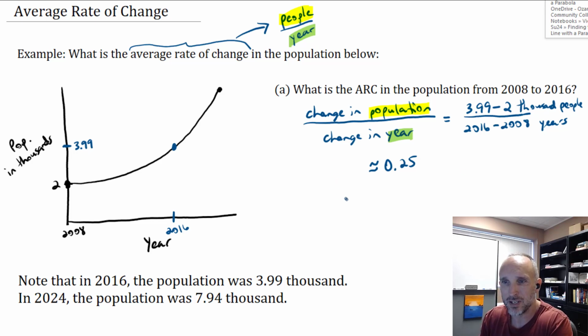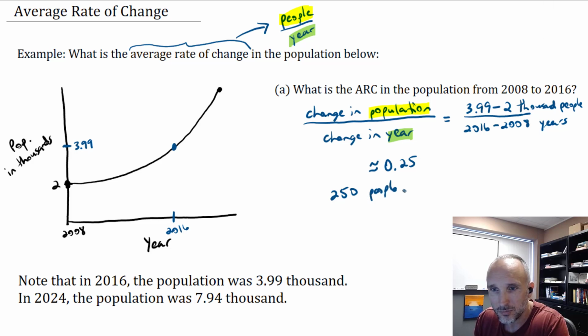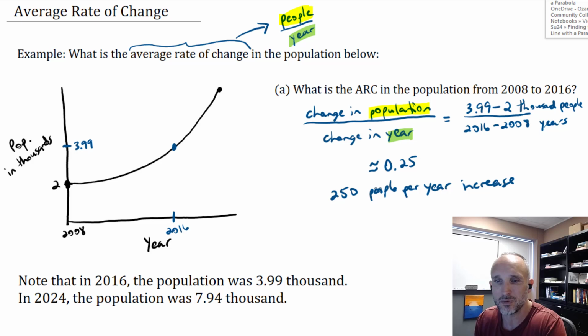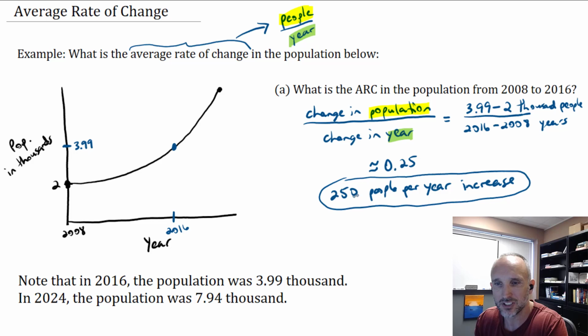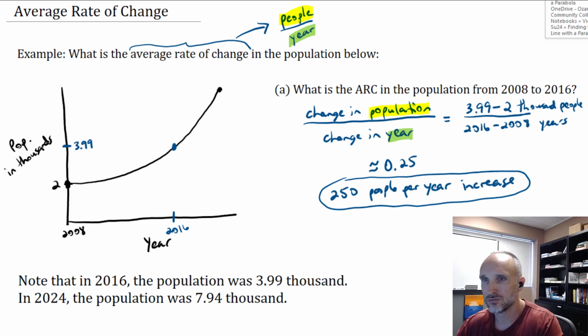So the answer might be, if it's 0.25 thousand, that's the same thing as 250 people per year increase. So on average, from 2008 to 2016, the population's increasing by 250 people per year, or 0.25 thousand people per year. Let's try another example.